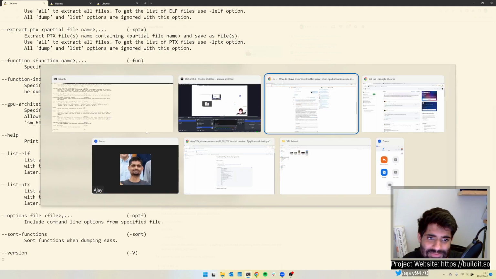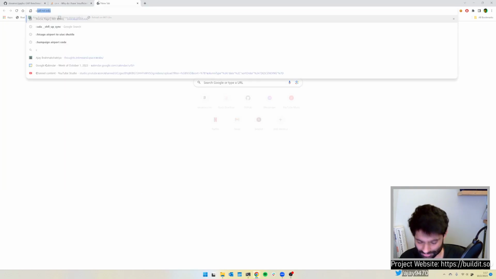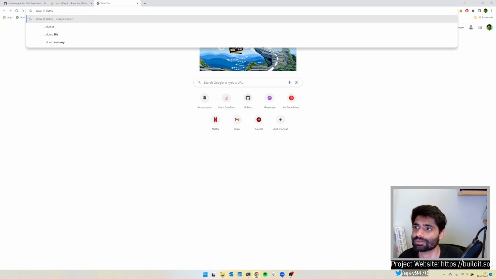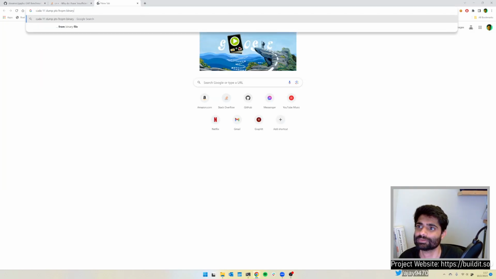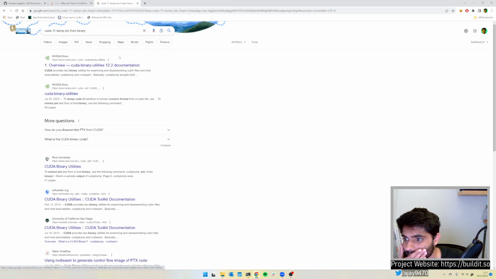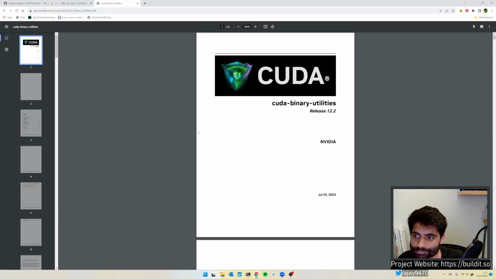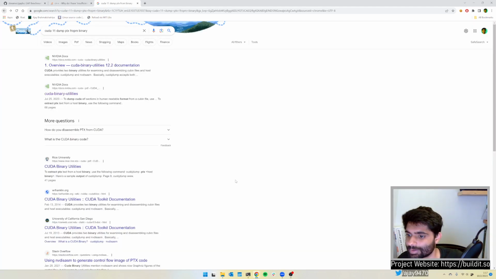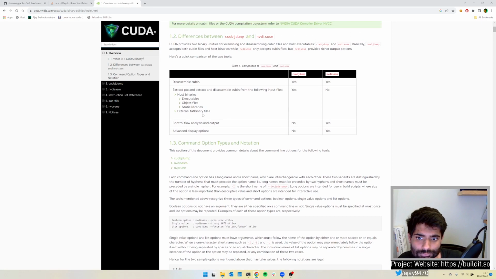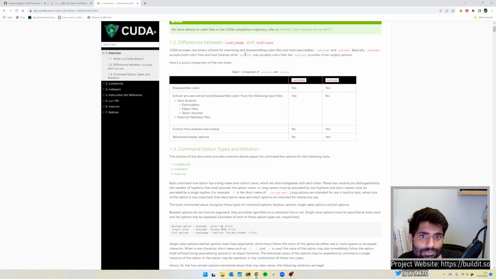Sorry, something has changed. Okay, CUDA 11 dump PTX non-binary. Oh God, this is the whole manual. Cool. Objdump. Except group in files.